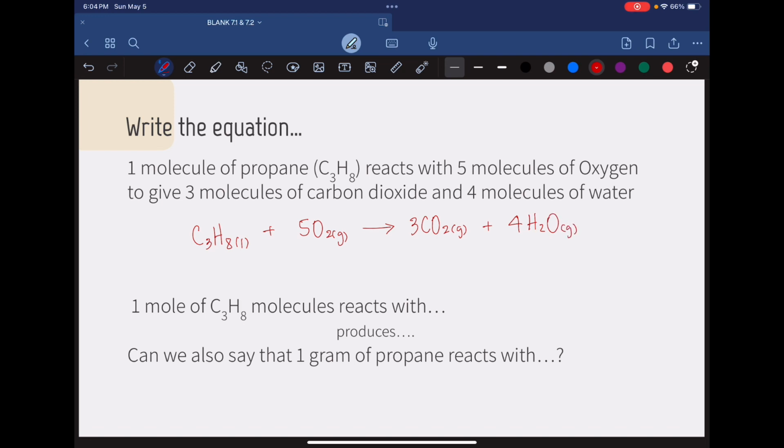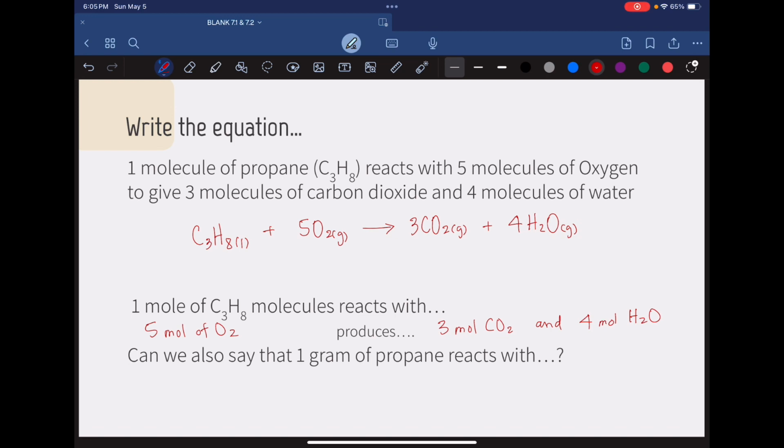So saying 5 molecules, 1 molecule, well, those numbers are going to be your coefficients of your balanced chemical equation. And if we're reading this, we could also say 1 mole of C3H8 molecules reacts with 5 moles of O2, and it will be producing 3 moles of CO2 and 4 moles of H2O.